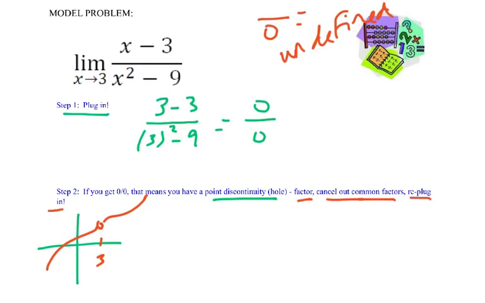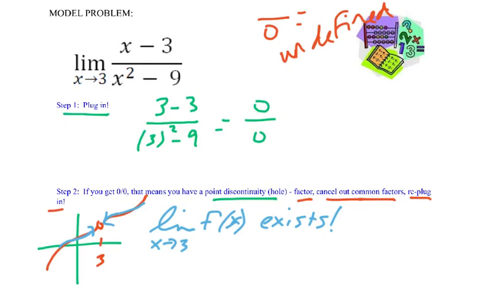Some might ask, why are we doing this? Well, the reason that we're doing this is because even though we have a hole in the function, the overall limit as x approaches 3 of this function still exists. Right? If you were looking at the graph I drew, as I approach 3 from the left and as I approach 3 from the right, what do you notice?